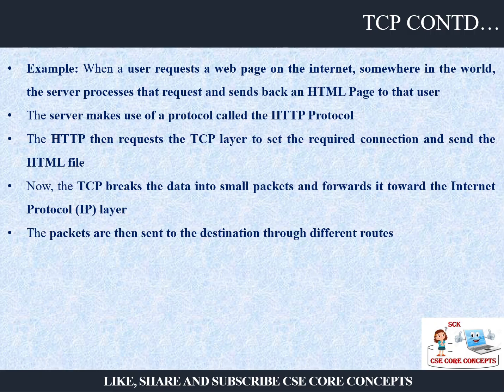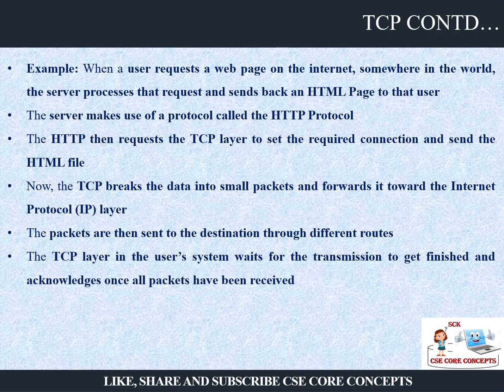Now this request which you have made using the URL is broken into small packets and forwarded to the protocol. Which protocol? Internet protocol. So with the help of the internet protocol of the network layer and the routing decisions, the packets are sent to the destination through different routes.